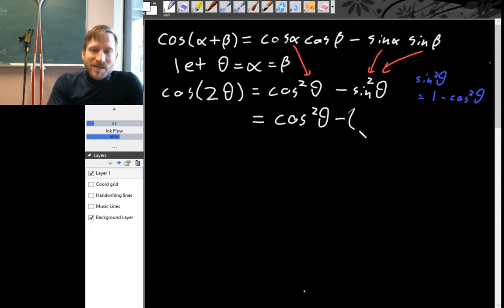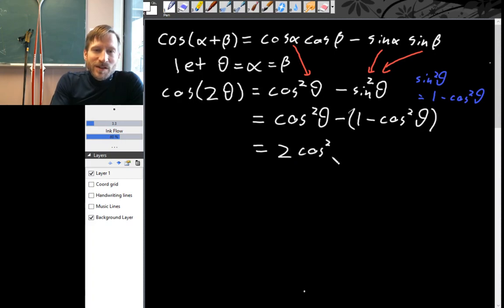And that means this sine squared theta we can replace with 1 minus cosine squared theta. And then when you simplify this, keep track of all the minus signs, you get 2 cosine squared theta minus 1.